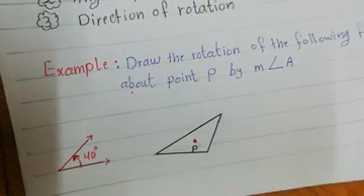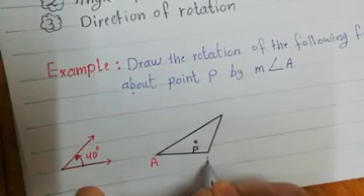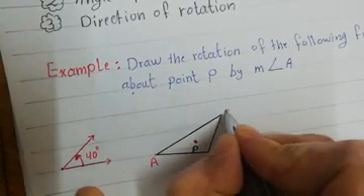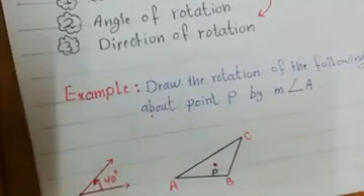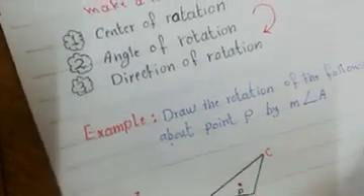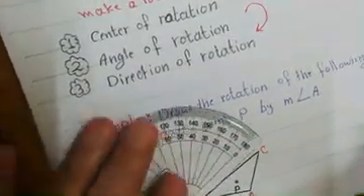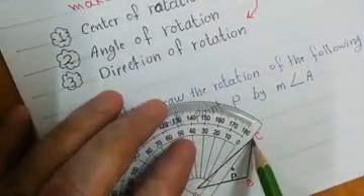Now if I name the vertices of my shape, if this is A and this is B and this is C, these are the three vertices of this triangle. I will now connect each vertex and the center of rotation.